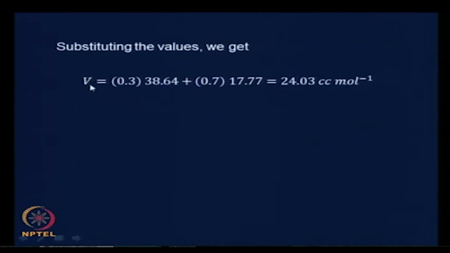The solution is 30% methanol, therefore 0.3 is the mole fraction of methanol. 0.3 into the partial molar volume of methanol 38.64 plus 0.7, that is the mole fraction of water, times the partial molar volume of water, that is 17.77. If you do the calculations, it will turn out to be 24.3 centimeter cubed per mole.